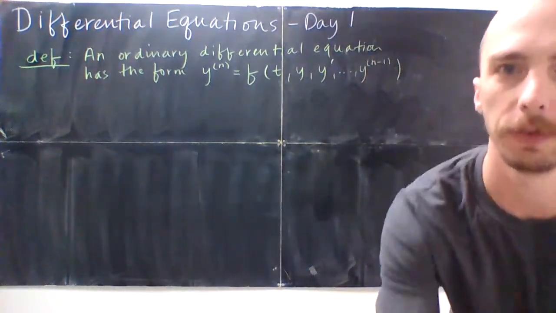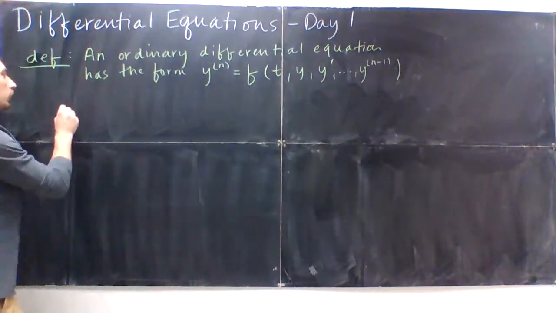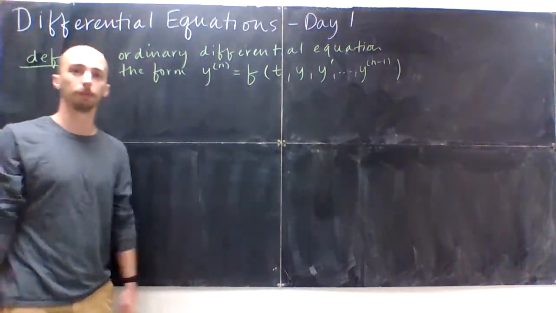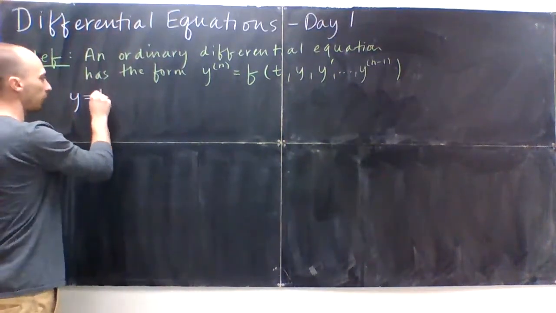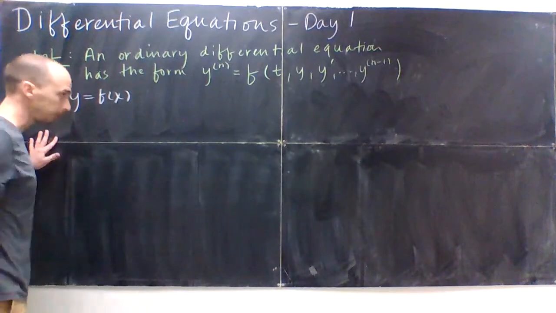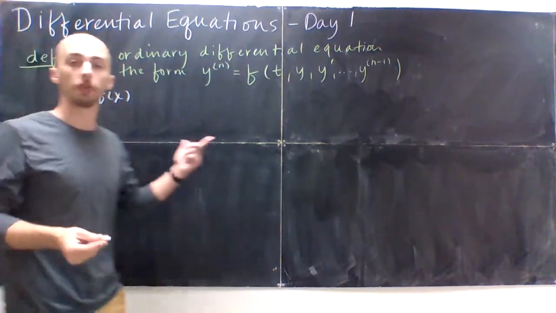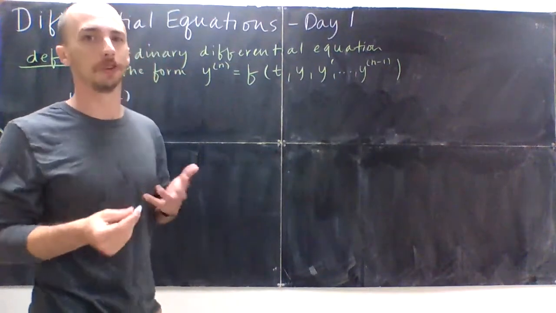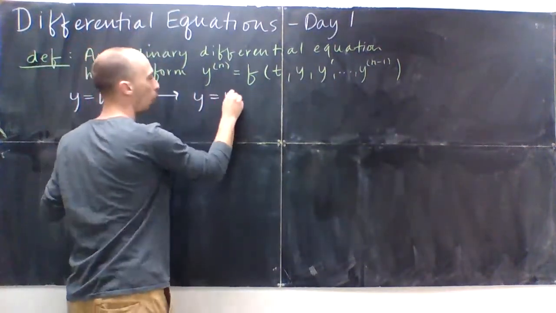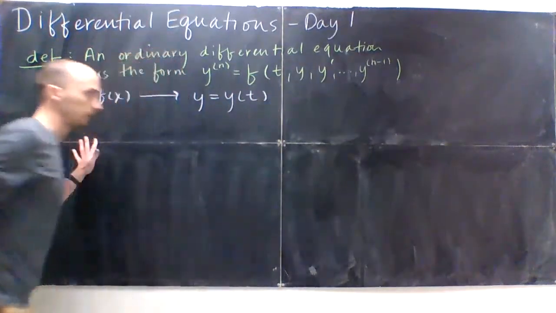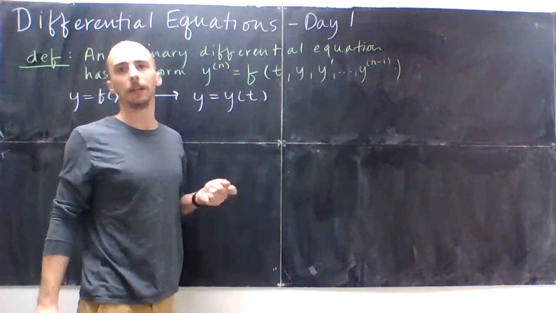And I definitely want to point out that in AP Calculus, and all the way back to Algebra 1, we used to talk about y equals f of x. In this class, the solution to my differential equation is generally going to be y equals y of t, and I want t to be my independent variable.